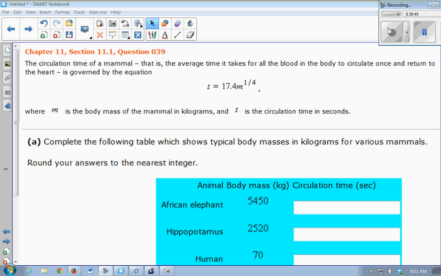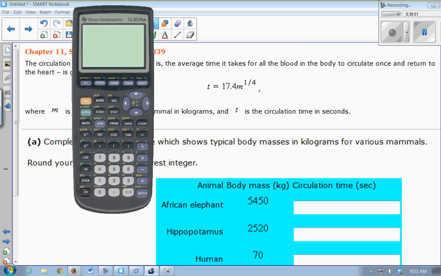So a quick way to do this using a graphing calculator is to put the function in y equals. You could also do something like this in a spreadsheet or in GeoGebra's spreadsheet, x to the 1/4.